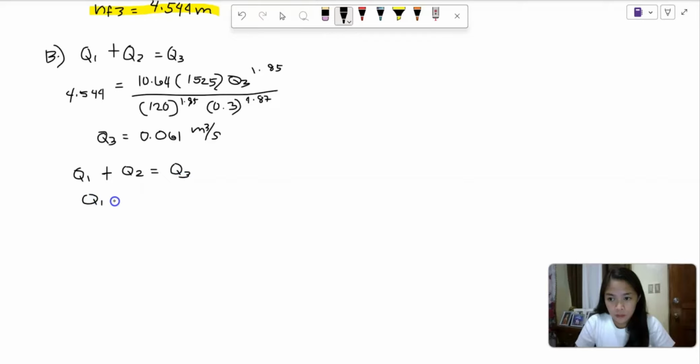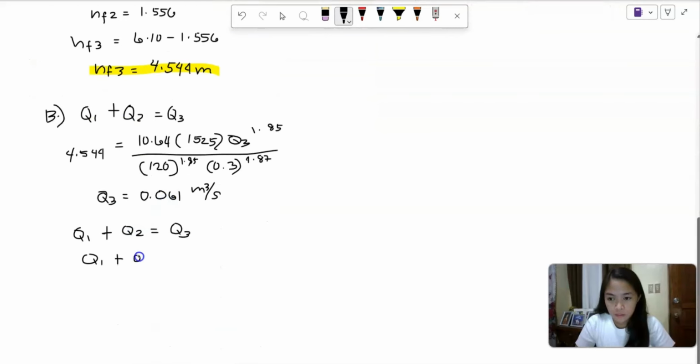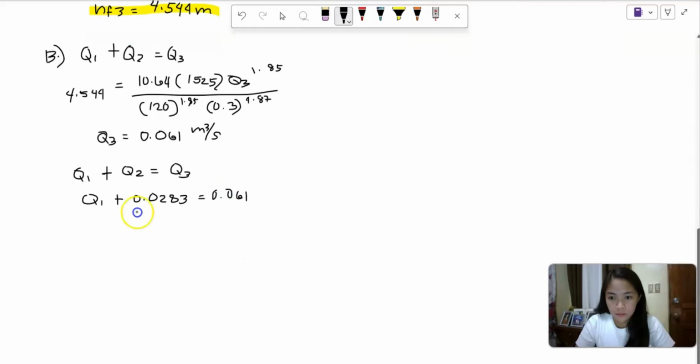So Q sub 1 plus Q sub 2 is 0.0283, which is already given, is equal to Q sub 3, which is 0.061. Shift solve, our Q sub 1 is equal to 0.0327 cubic meter per second. So we have already the value of flow in pipe 1.